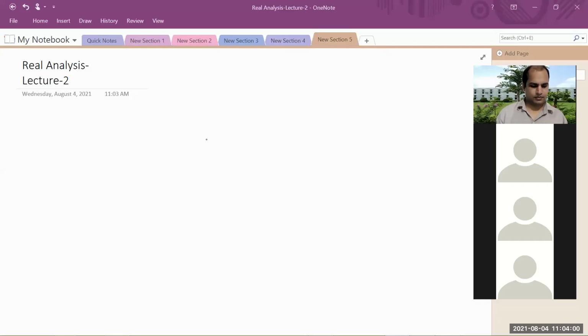So for that, let us try to understand first, recall all those things with the help of some examples. So we have seen upper and lower bound.